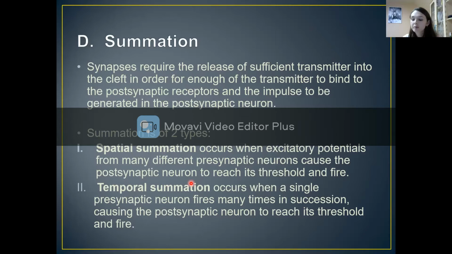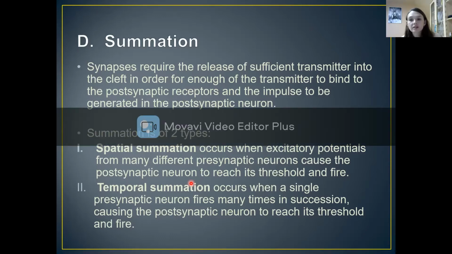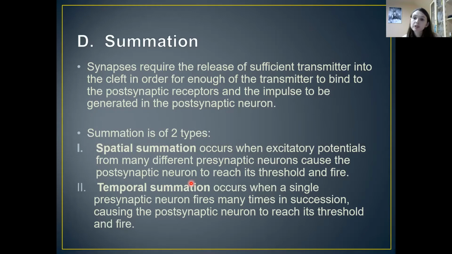We know that the graded potential is produced by subthreshold stimuli, and as a result, it cannot produce an action potential. That is why, if we summate this graded potential, if we summate the subthreshold stimuli in a spatial or temporal way, this summation will lead to the production of an action potential.